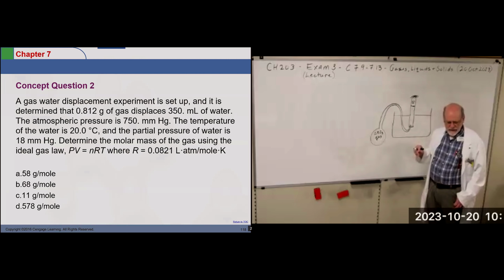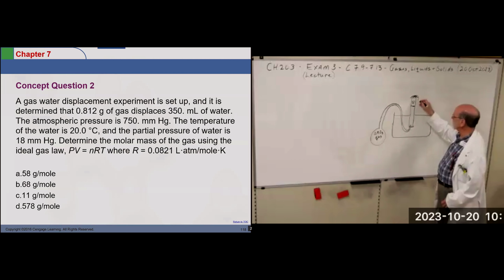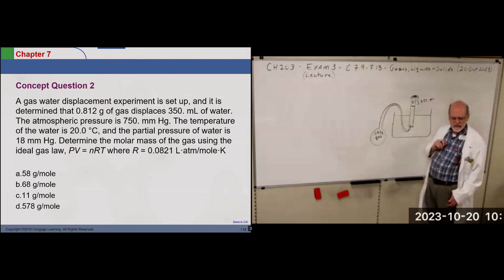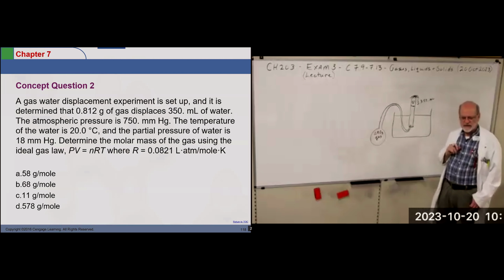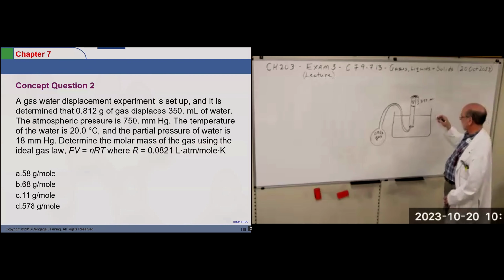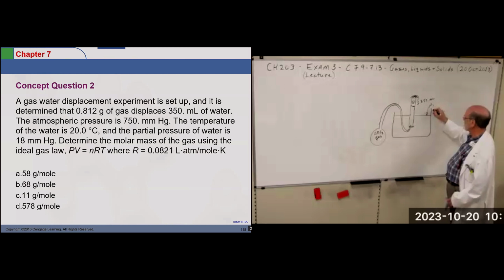It displaces 350 milliliters of water. The atmospheric pressure is 750 millimeters of mercury. So the pressure bearing down here by the atmosphere is 750 millimeters of mercury.